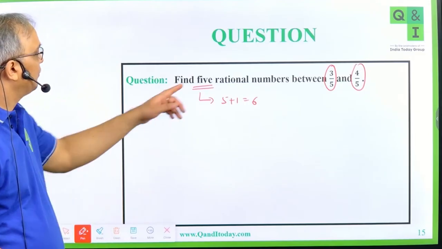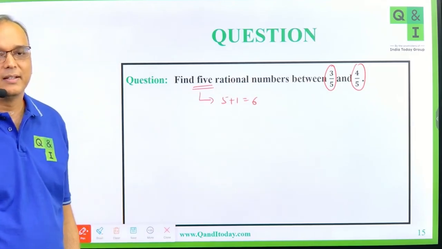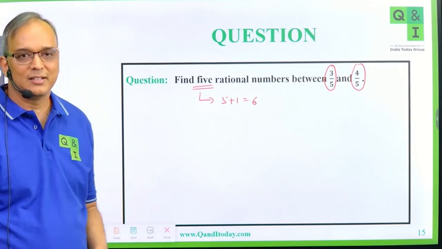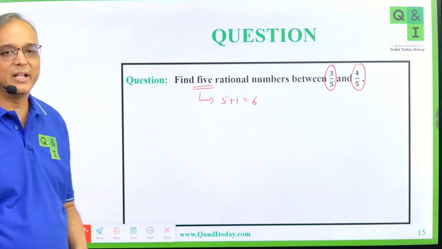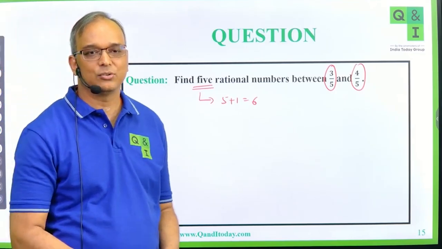So we have to find 5 rational numbers between 3 by 5 and 4 by 5, right? Okay. So one way is what Sanjeev is doing. He has multiplied both numerator and denominator by 10 straight away, and he has got those numbers. So one way is doing that.